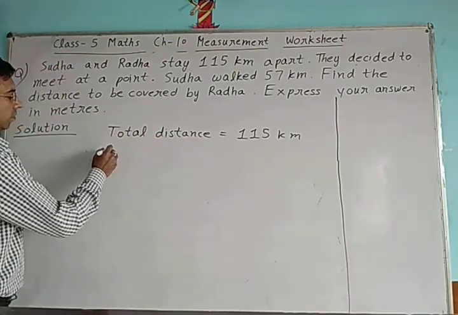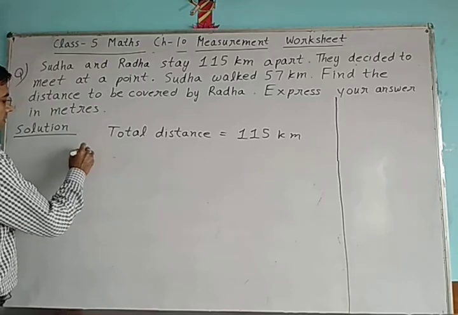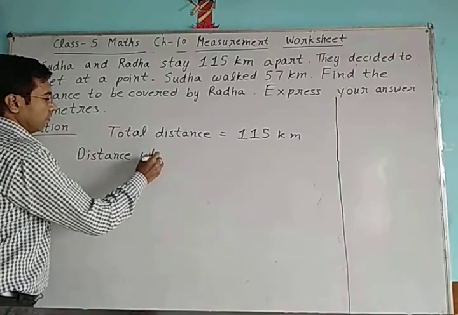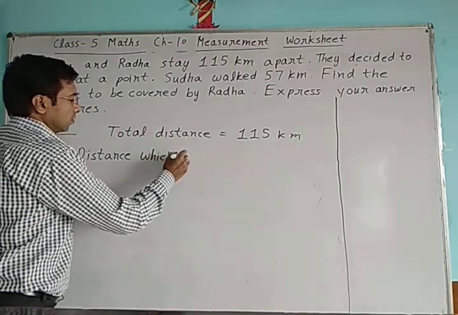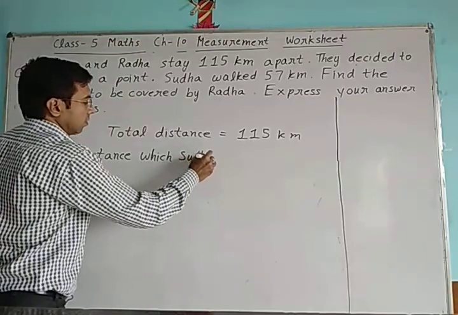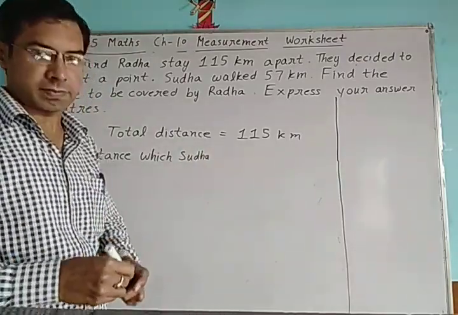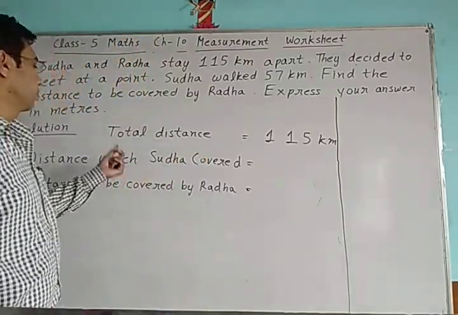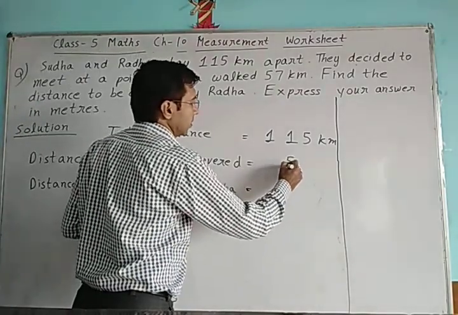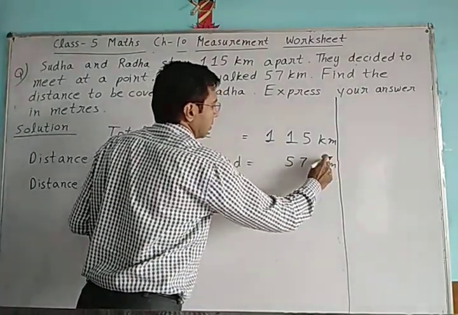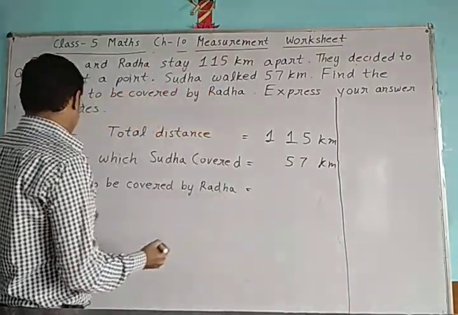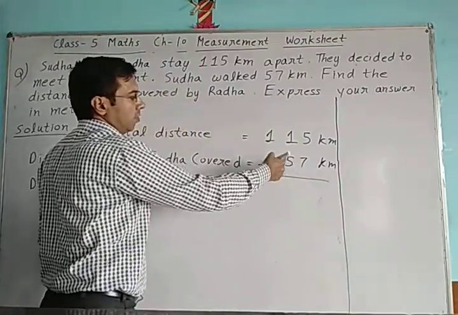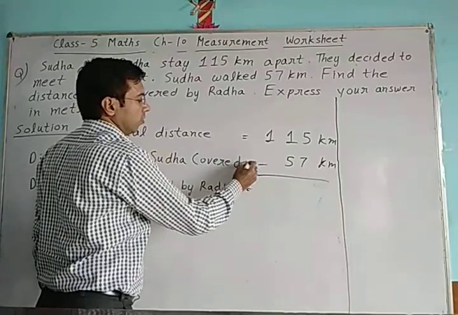So what we do? Total distance 115 kilometer. Distance which Sudha covered 57 kilometer. Now distance to be covered by Radha. What we do? We subtract this 57 kilometer from 115 kilometer.